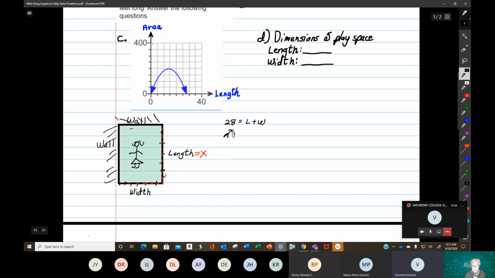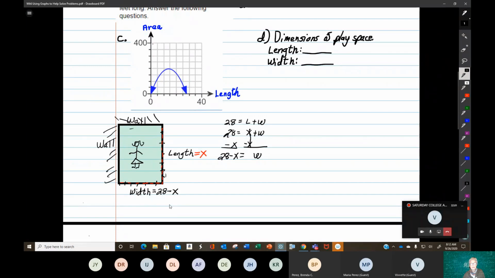So 28 is going to equal the length plus the width. Now solve for width. We subtract x from both sides. x minus x is 0. So we'll have W equals 28 minus x. All right, so our width is going to be 28 minus x.